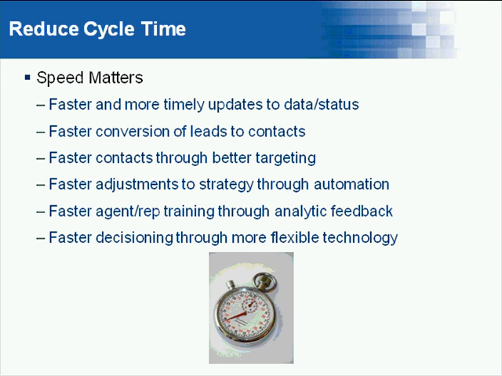And that means focusing on faster and more timely updates to the prospect data that you're leveraging, faster lead to contact, establishing contact by better targeting and prioritizing leads, establishing a technology environment that fully facilitates flexibility and supports real-time change and adjustment, and having the right feedback loop to quickly process performance for improvement. And I'll cover that concept of a performance loop in just a minute.